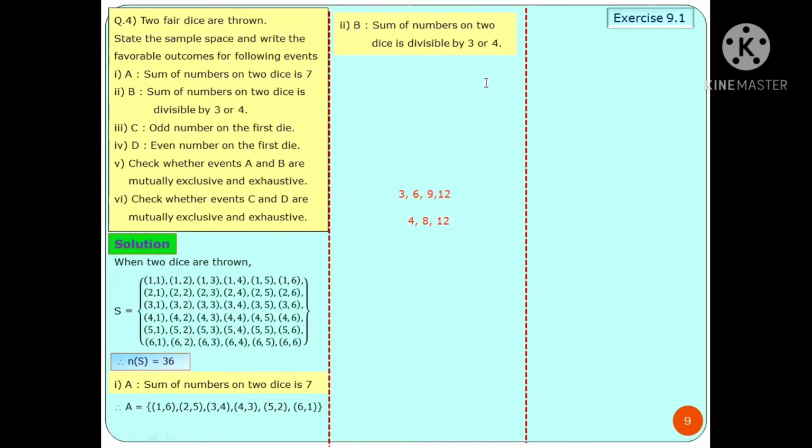Check for the totals. For sum 3, the outcomes are (1,2) and (2,1).